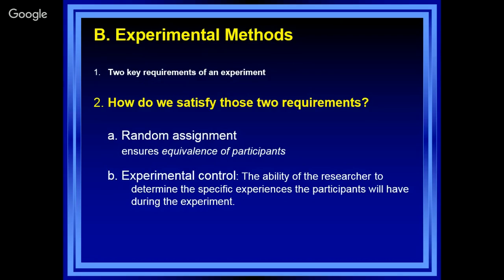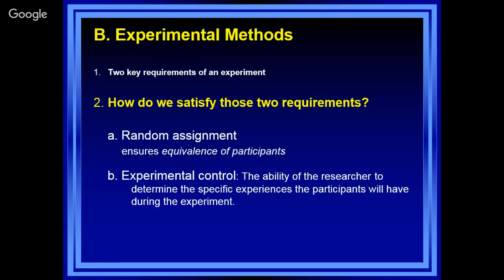But really, what I might be picking up is risk-taking behavior or impulsiveness or ability to trust somebody, which have nothing to do with the pill. So because I didn't start with equivalent groups, I can't do that experiment.